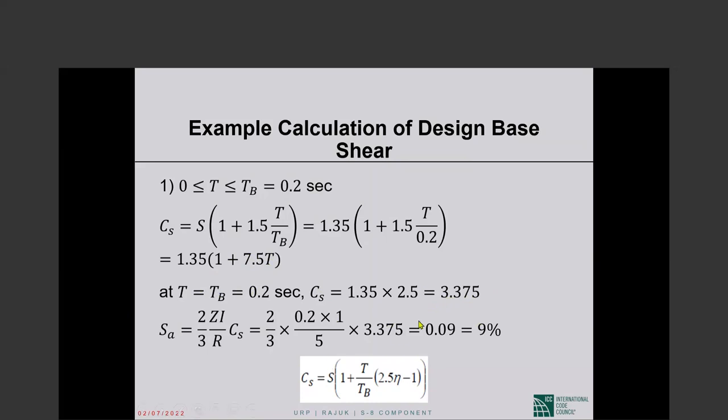That's C sub S. S sub A is 2/3 Z I over R times C sub S, as we saw on the previous slide. So 2/3, Z is 0.2, R is 5 for an intermediate moment frame, I is 1, and C sub S we just found is 3.375. So S sub A comes to 0.09. That is the spectral acceleration, 9%.